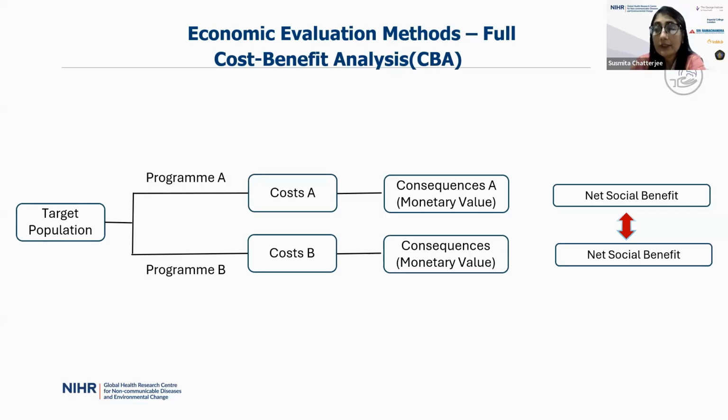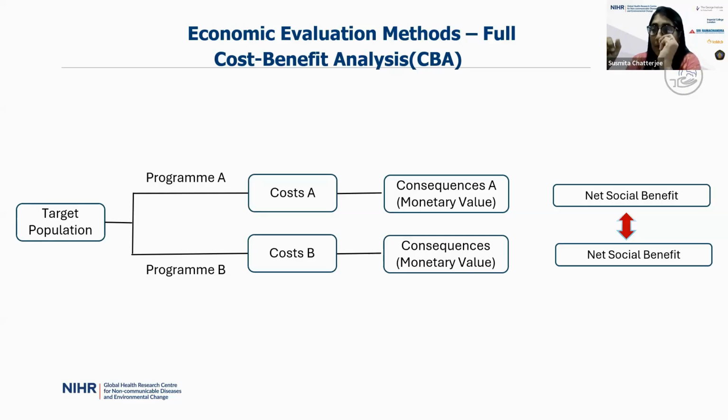But getting consequences also in money form and saying, oh, this cost minus consequence, when I say net social benefit, it's basically the difference between the cost and consequences in both cases. Because here, how can we do the difference? It's only because my consequences are also in monetary form.